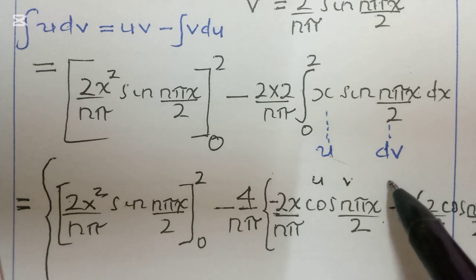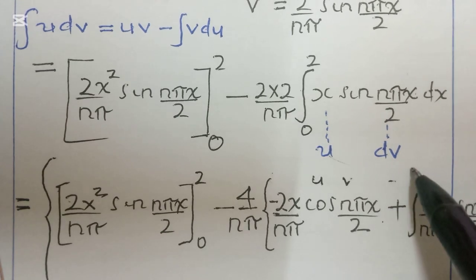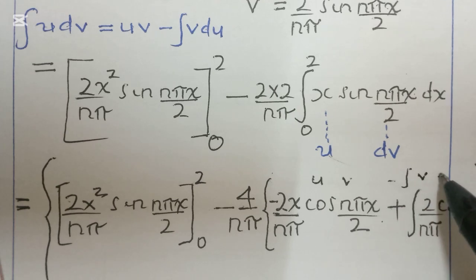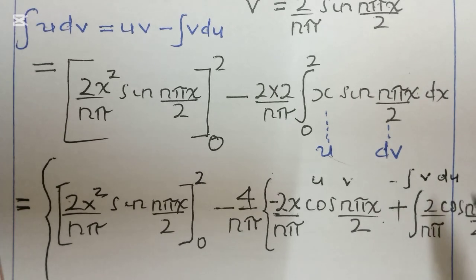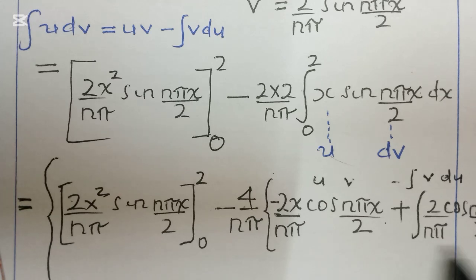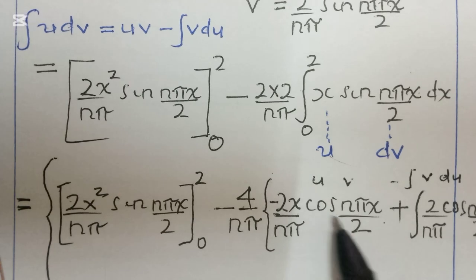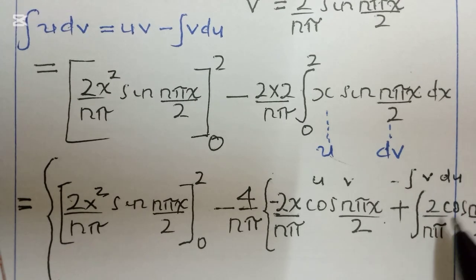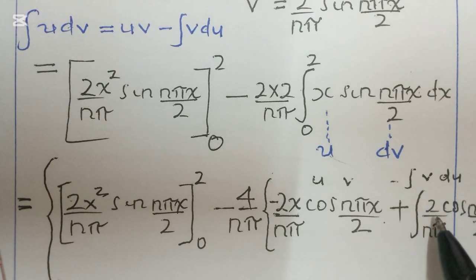Now this is supposed to be minus the integral of v du, and this is the integral for v. The v is here and it is also here. For the du, we have du as 1, so it is not put there because it is 1.